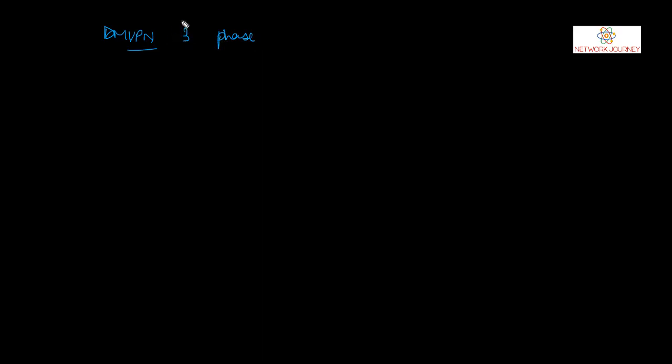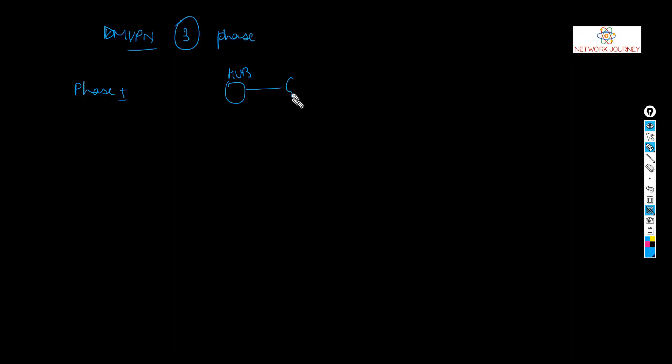So there are three different phases, and each phase works differently than the other. Let's say in the case of phase 1, I have a hub connecting to the ISP, and I have spoke 1 and spoke 2.